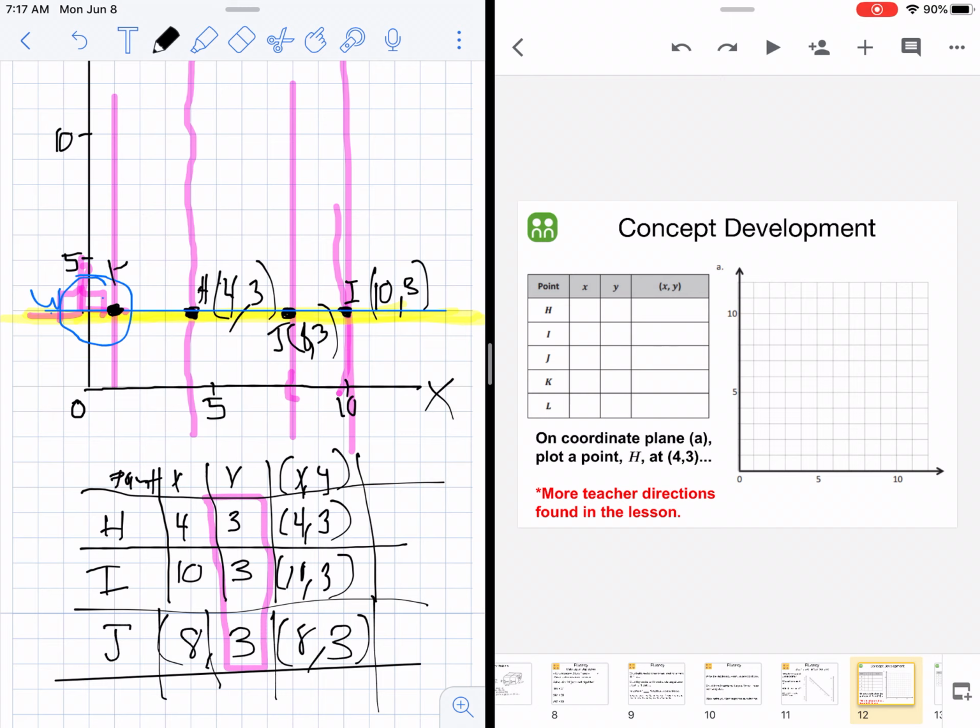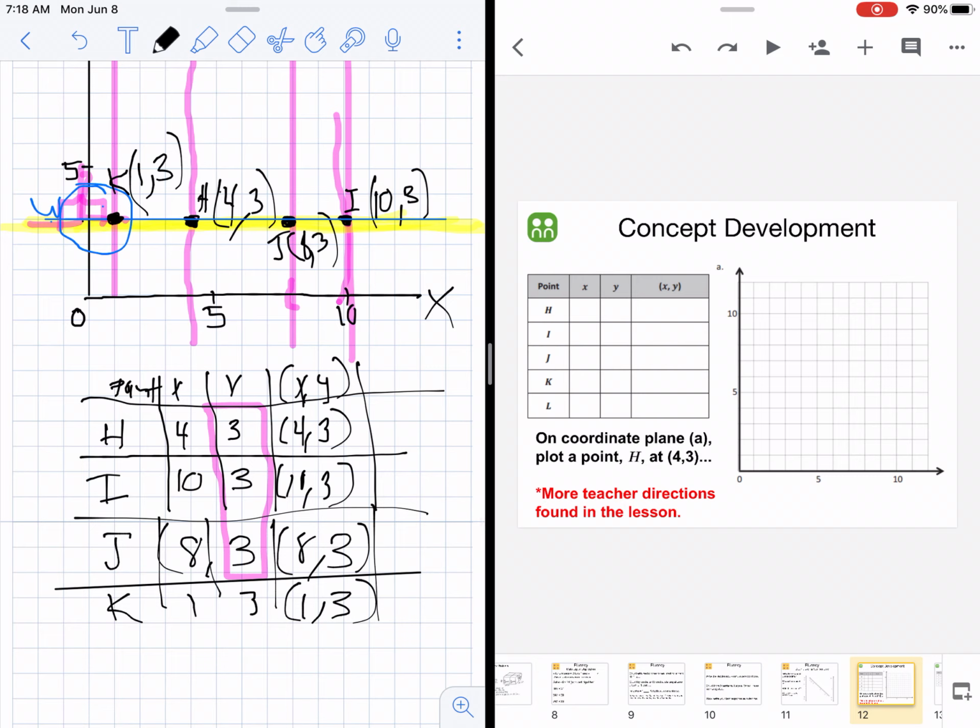This is going to be K, 1, 3. And the last one is again 3 units from the x-axis and 6 units from the y-axis. So 6 units from the y-axis is there. And we're going to call this L. And L is going to be 6, 3.